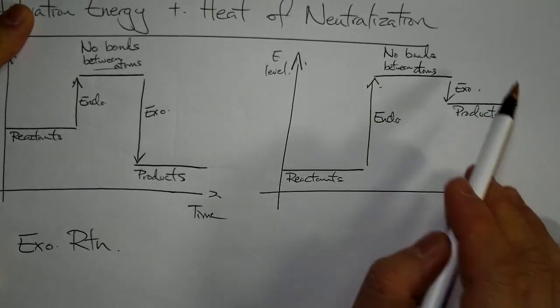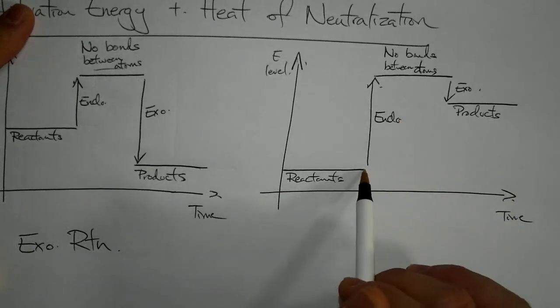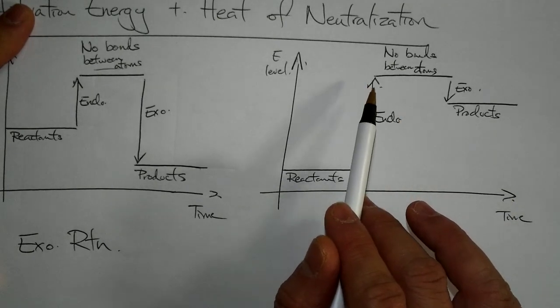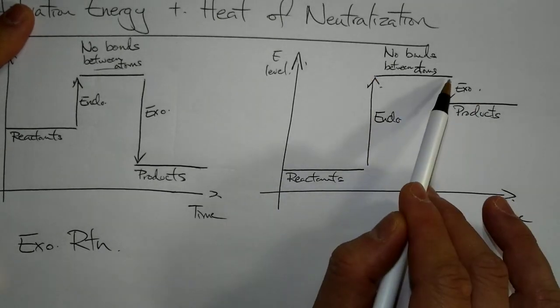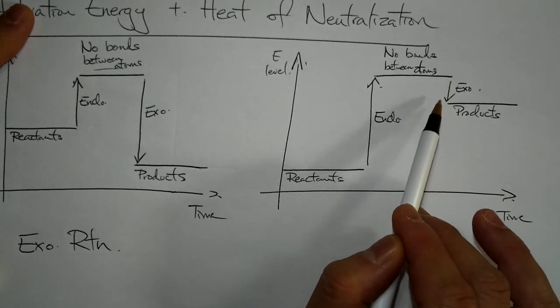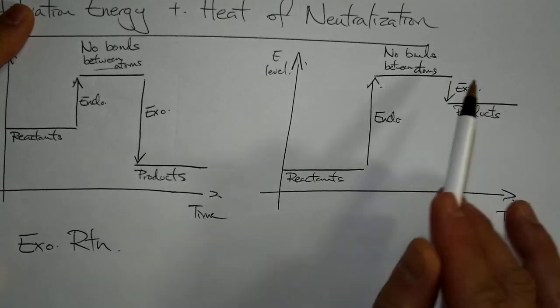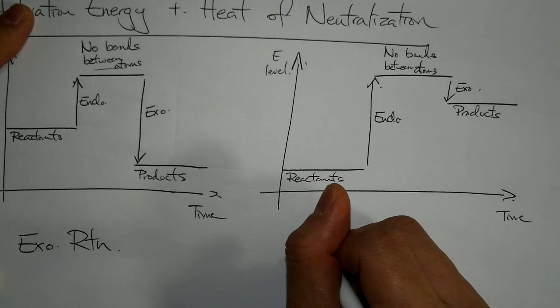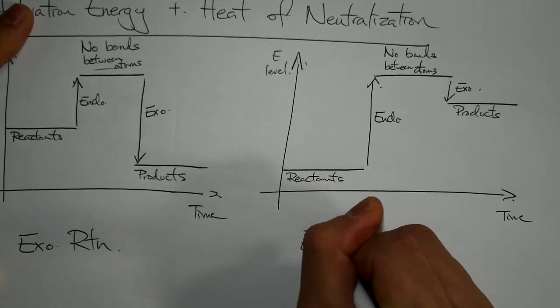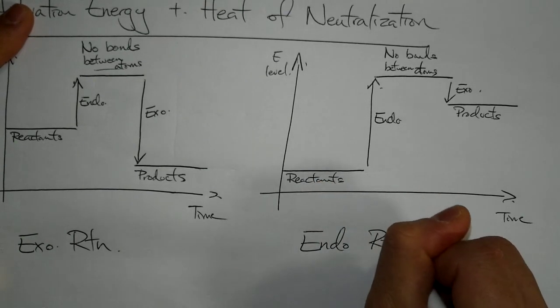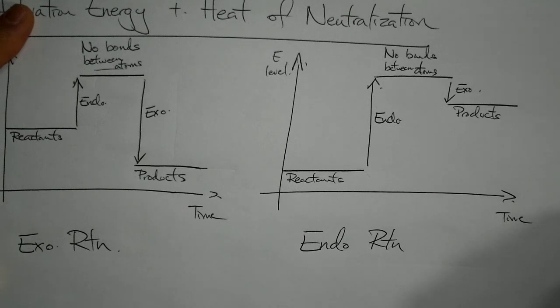So if you have a situation like this, where you put in more energy, there's more endo than exo, the amount of energy given out when you form new bonds. So in this case, you would have an overall endothermic reaction. It's more overall endo. Good so far?